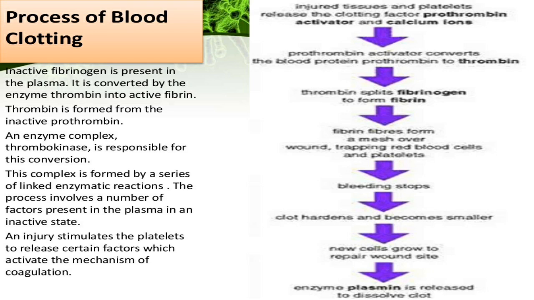Then thrombin splits fibrinogen to form fibrin. Then fibrin fibers form a mesh-like structure over the wound, trapping red blood cells and platelets, and bleeding stops.